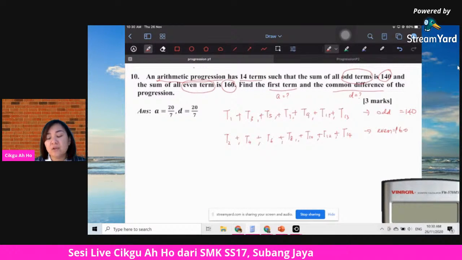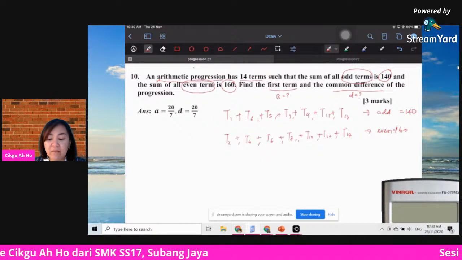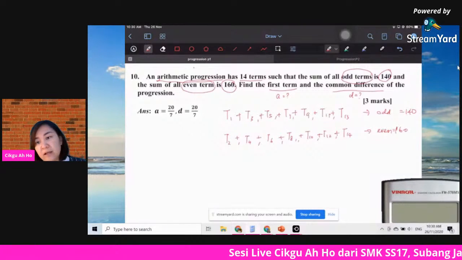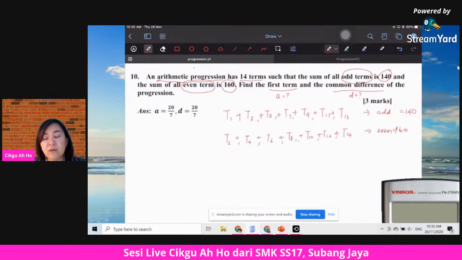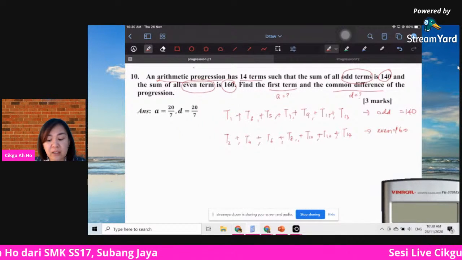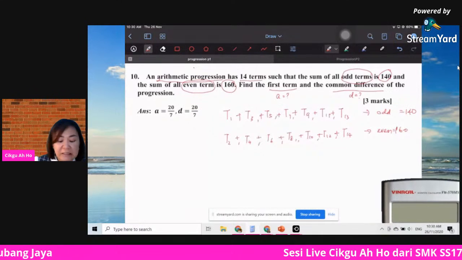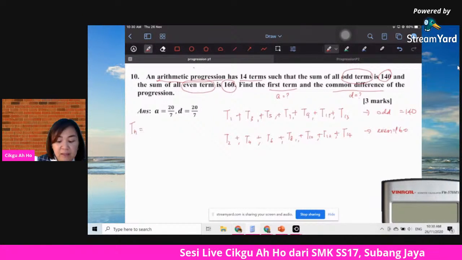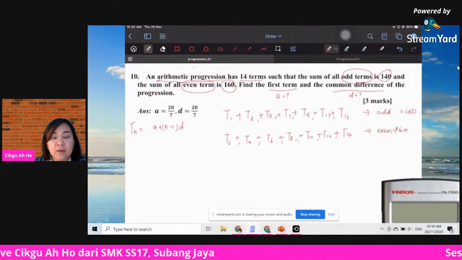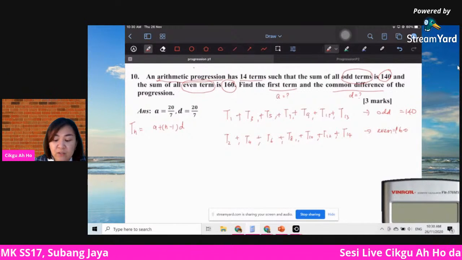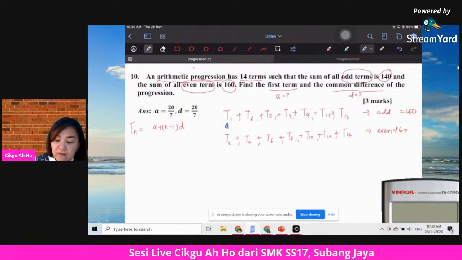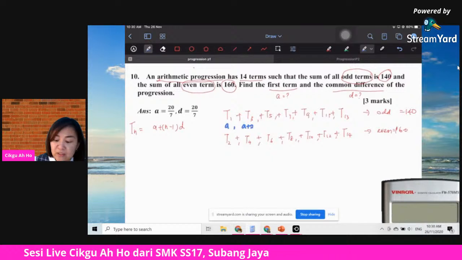T1 is A, right? From this one, you have to solve it using simultaneous equations. You have to form your own equations. How do you form the equations? Use the formula Tn equals A plus n minus 1 times D. When T1, this is your A. This is A plus 2D.